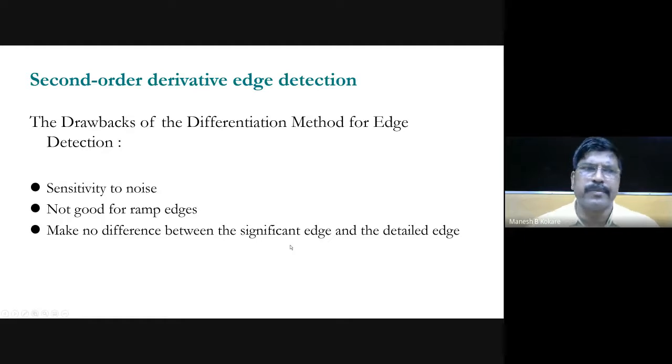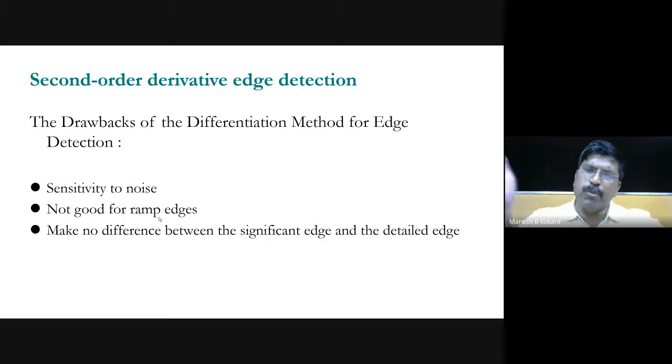Now the second order derivative edge detection: what are the drawbacks of the differential method for edge detection? They are very sensitive to noise. This has been reduced in the LOG or DOG method as compared to Laplacian. This is also not good for ramp edges. Ramp edges means, for example, you have a dark region, then the intensity gradually changes, and then again the intensity remains the same.